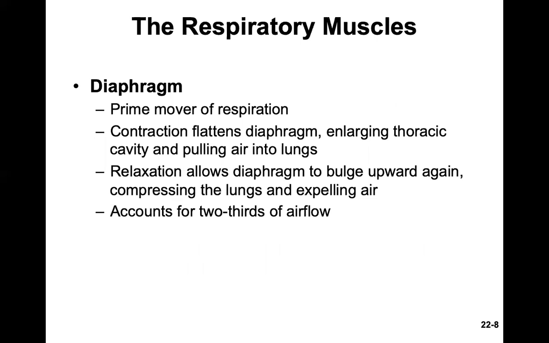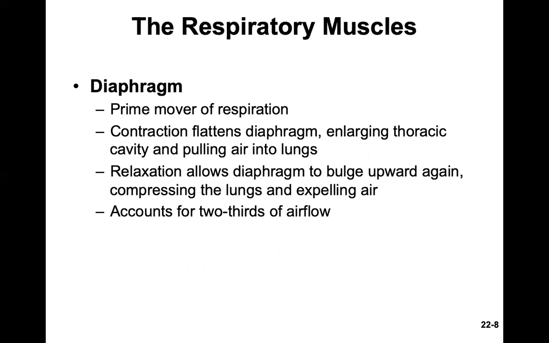Your diaphragm is one of your primary respiratory muscles. This is the muscle that, if you remember, when you look at the thoracic abdominal cavity, the muscle that separates your thoracic cavity from your abdominal cavity. It is the prime mover of respiration.